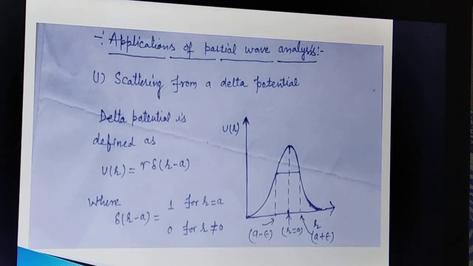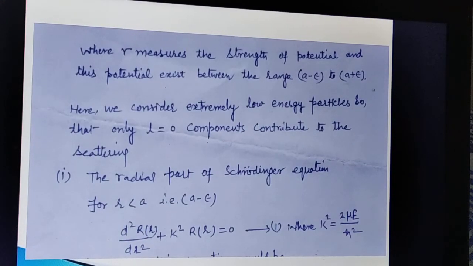Beyond a minus epsilon and a plus epsilon, it is approximately 0. Here the gamma measures the strength of the potential. The potential is in between a minus epsilon to a plus epsilon.